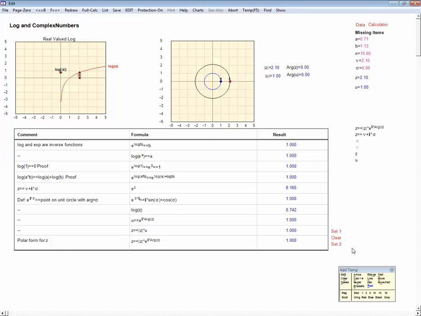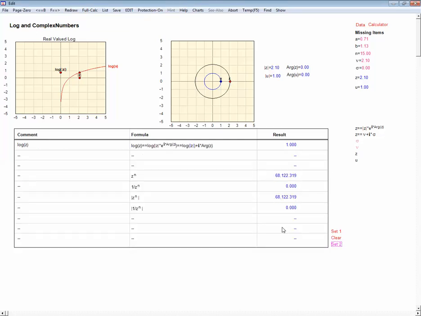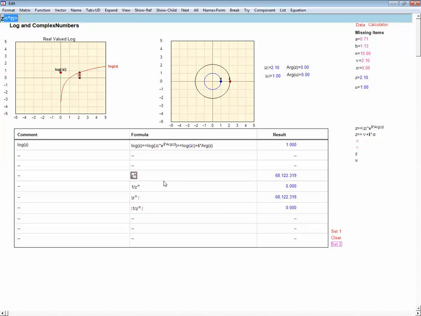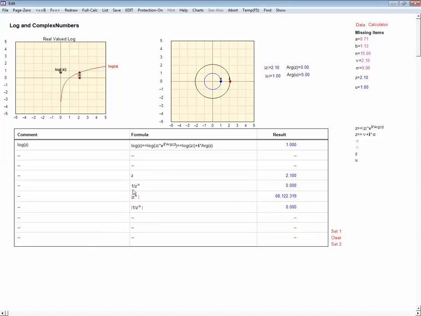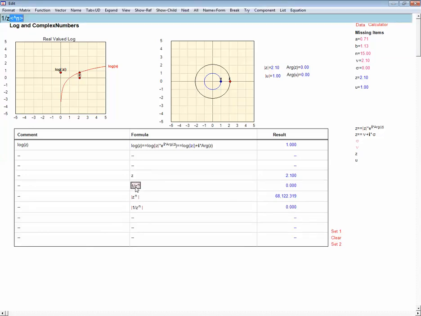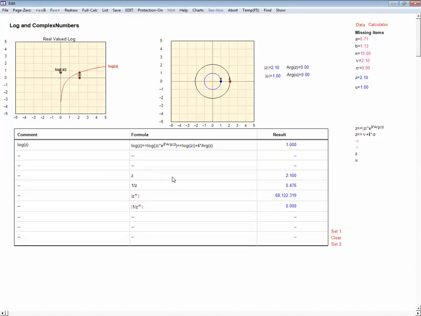The eigenvalues that we'll be looking at will be of the form z and 1 over z, where z is out here, real and greater than 1, so its reciprocal will be real and less than 1.